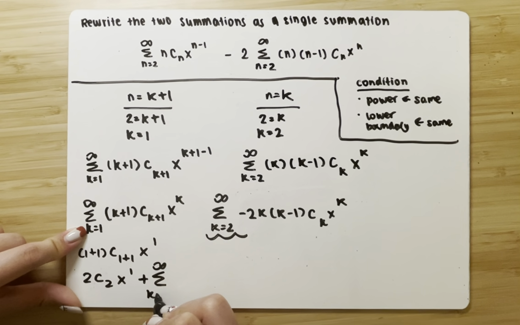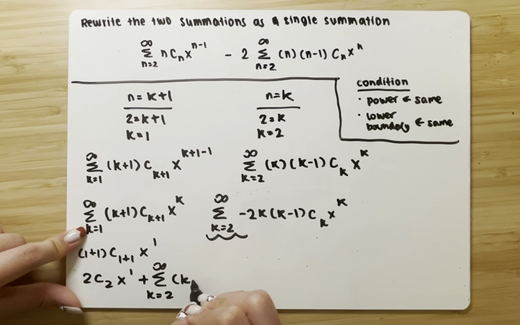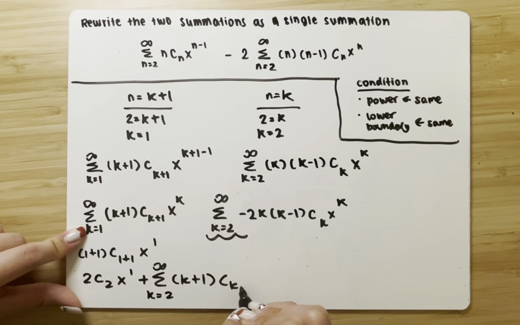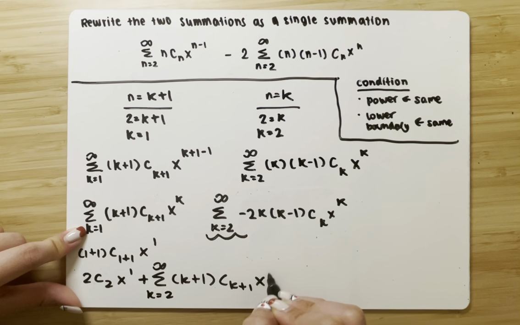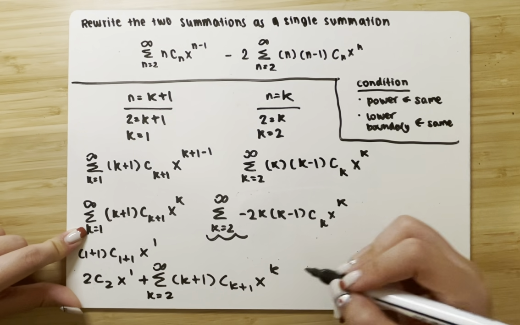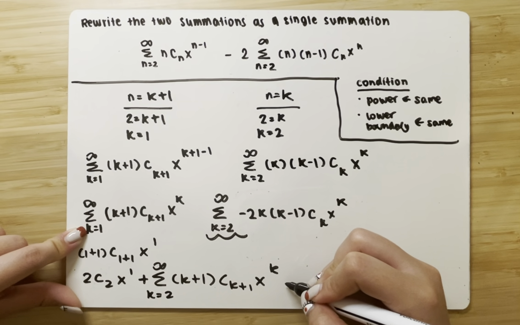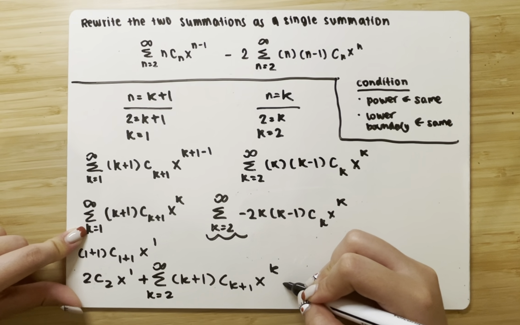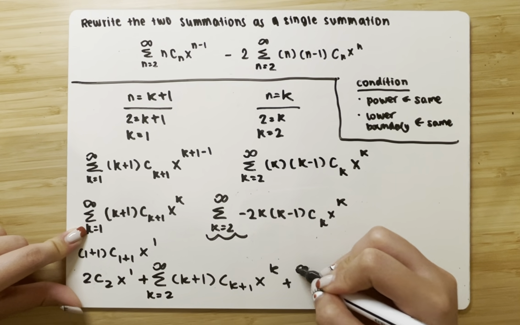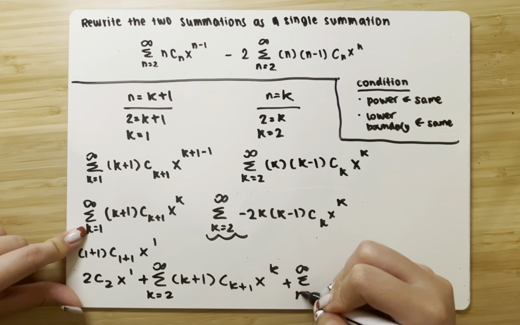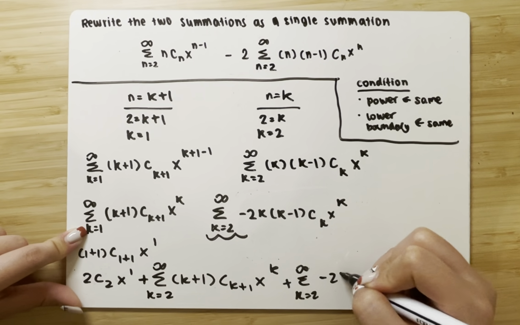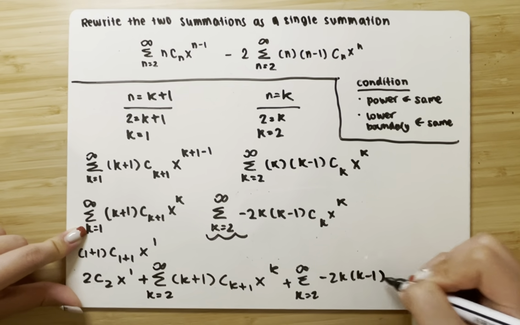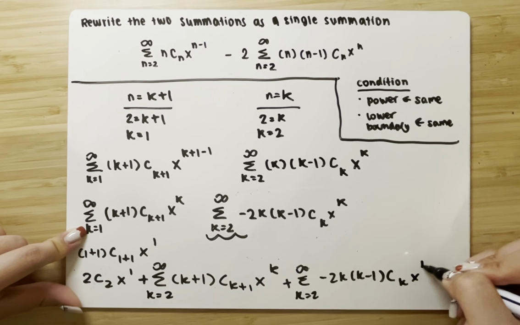Summation of k equals 2, k plus 1, c sub k plus 1, x to the k. And you want to add it with this: k equals 2, negative 2k, k minus 1, c sub k, x to the k.